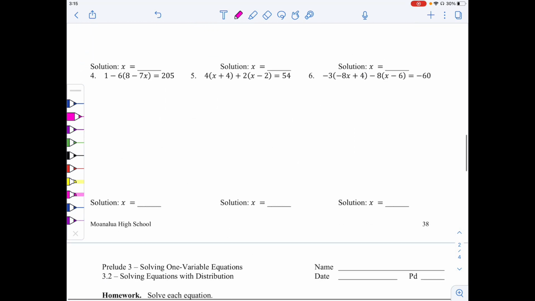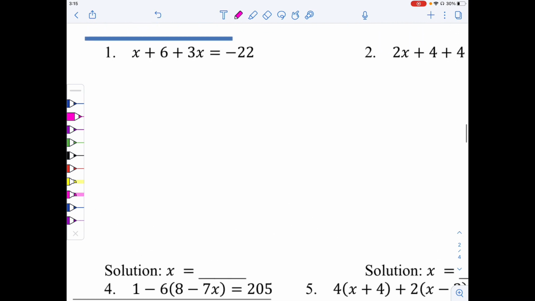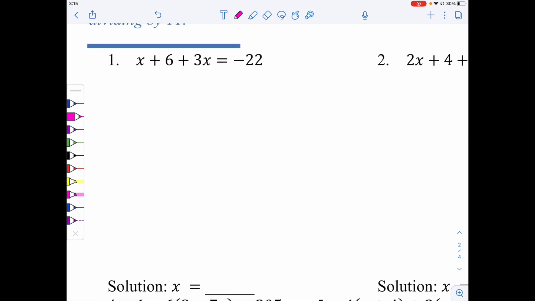Let's do the next one. Number 1. First we have to combine like terms. We have an x, 6, and a 3x. So first step, combine like terms. We have our x's and we have our numbers. So x values are x and positive 3x, our number is positive 6, and we just add.